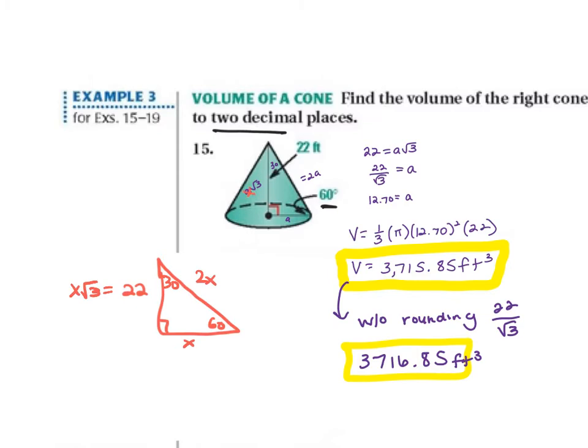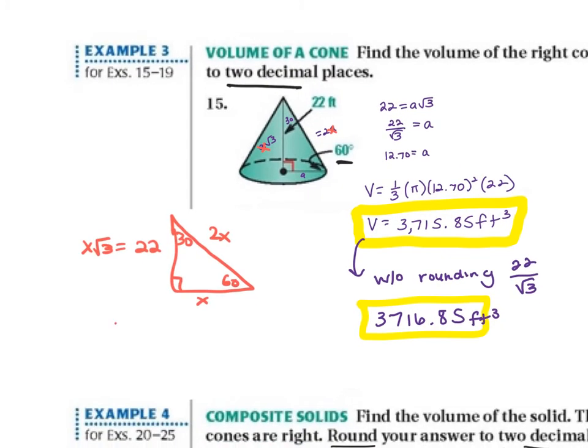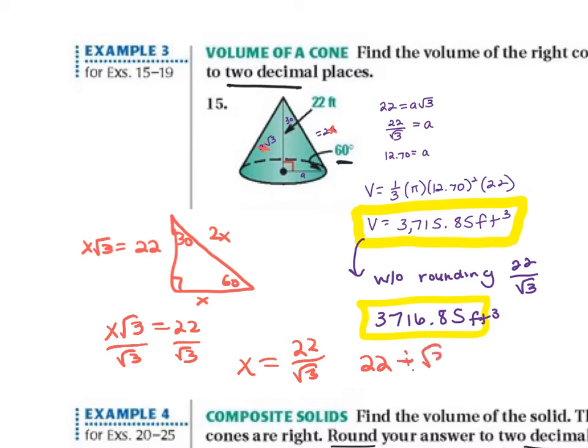In here, the variable is a, but it doesn't matter. So what we got was we took x square root 3 equals 22, divide by root 3, and then x equals 22 over the square root of 3. And then when you do this on your calculator and do 22 divided by the square root 3, you get 12.70. Okay, thank you.